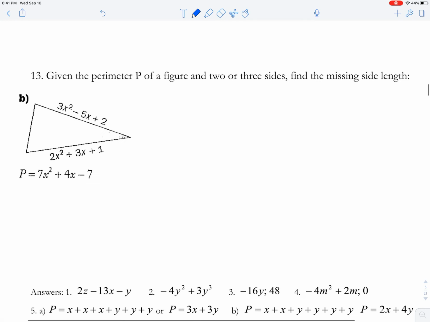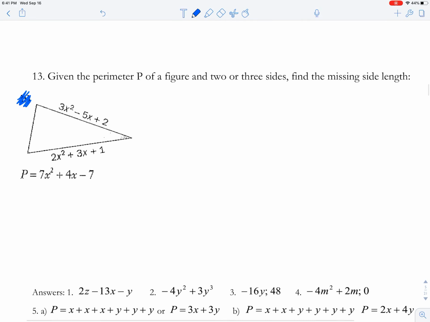Last but not least, given the perimeter of the figure, so the perimeter is given right here, they want us to find the missing side length. So whatever this side length is, we don't know. We know that that question mark plus the other two have to add up to 7x squared plus 4x minus 7.